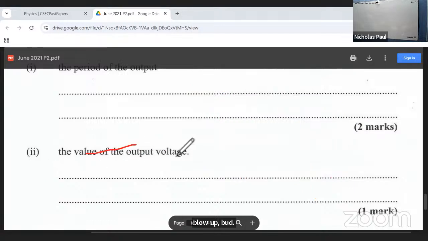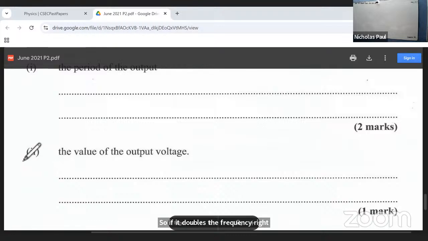What will happen to the value of the output voltage? It will increase. So if you double the frequency, it goes up.